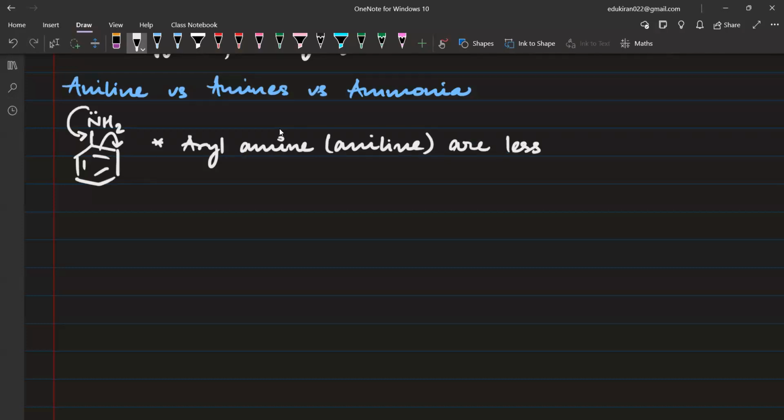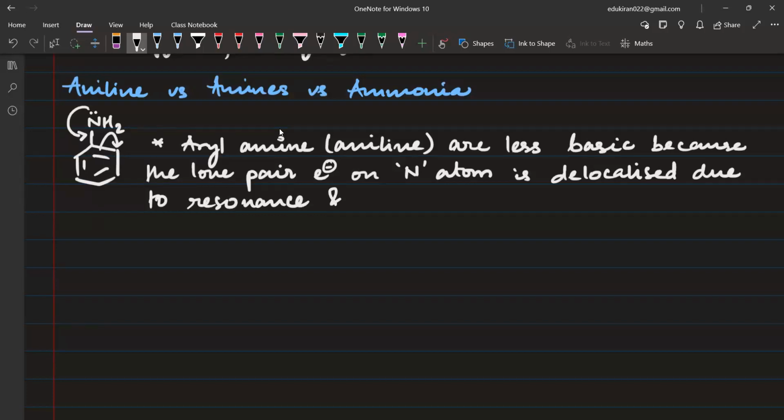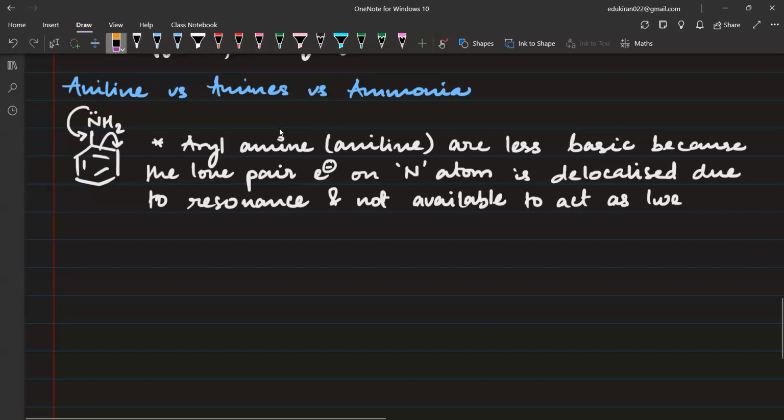are less basic because the lone pair of electrons on the nitrogen atom is delocalized due to resonance and not available to act as, or actually not available to attack on H plus. ठीक.